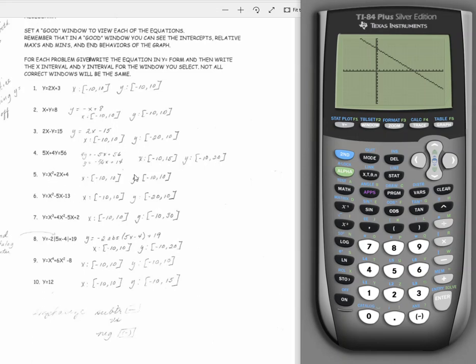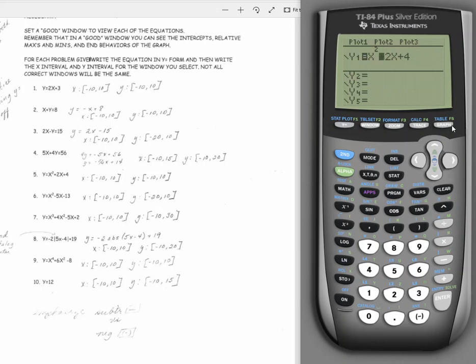On these parabolas, same idea, and I don't know that we need to do all of these, but let's try a couple. So x squared plus 2x plus 4. Whoops, I don't know what happened there, but that should be squared. And that should be gone. All right, let's see if that works.